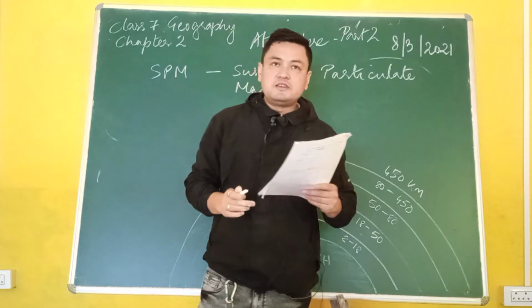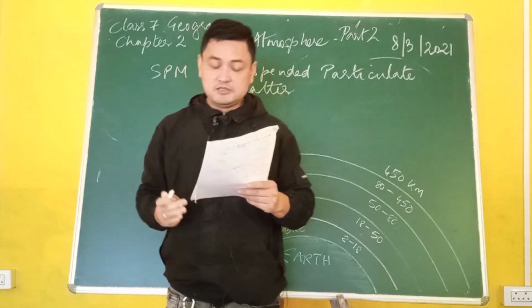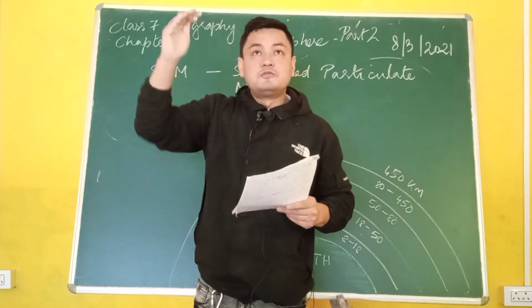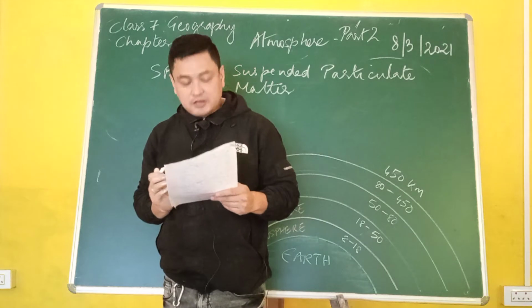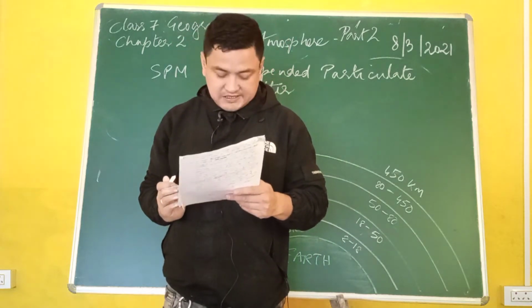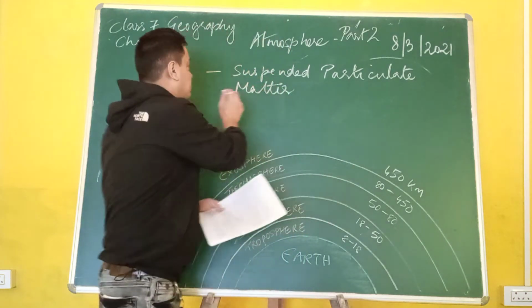They are basically microscopic particles of solid or liquid matter suspended in the air, which are responsible for the scattering of light. Light gets scattered due to this matter called SPM.